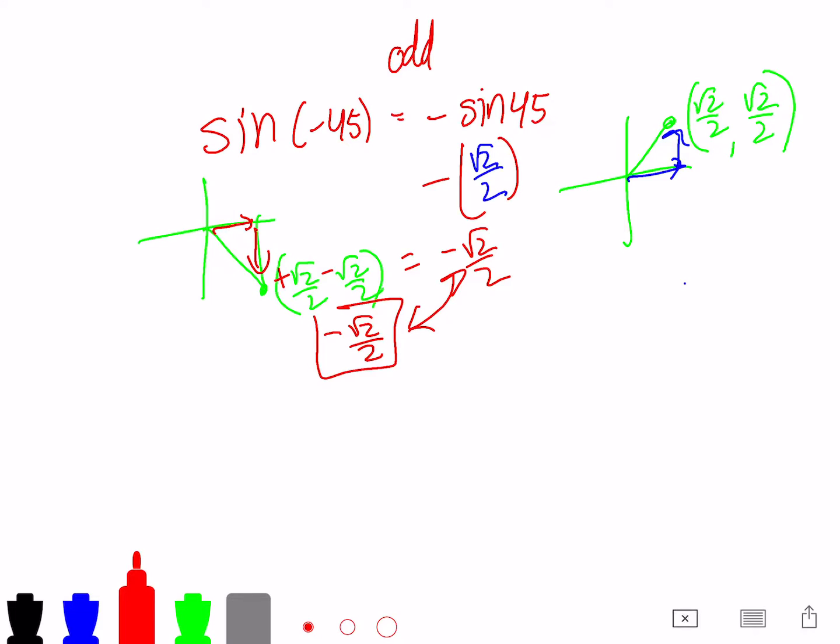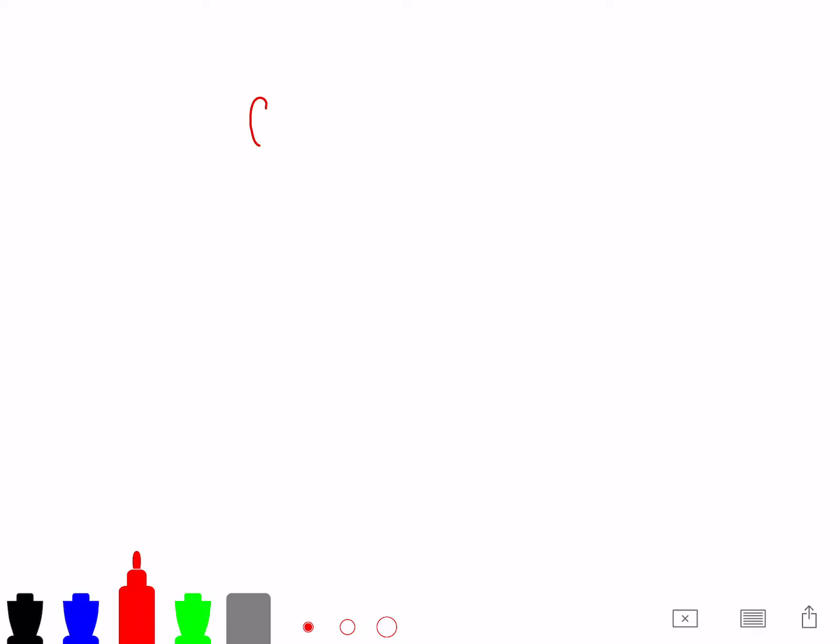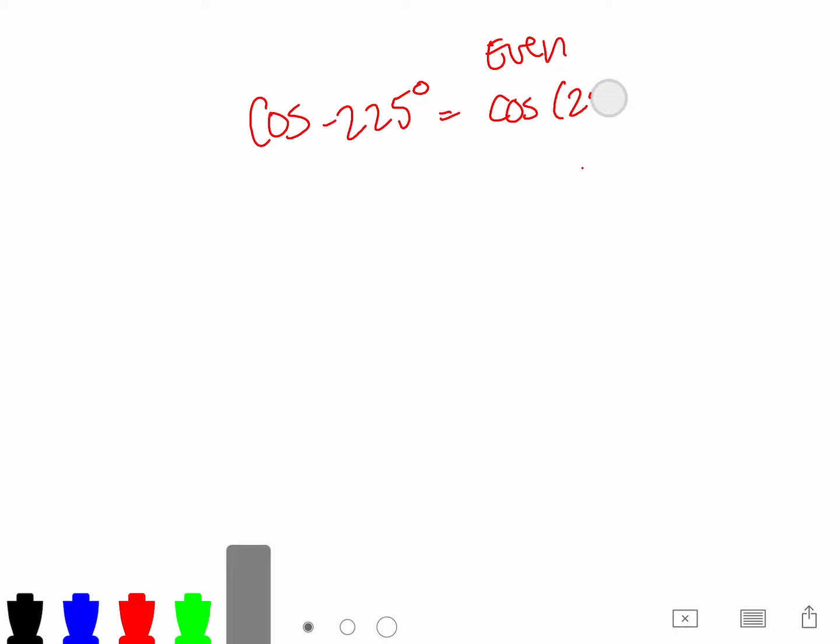So if I give you another example, if we have the cosine of negative 225 degrees, cosine is even, which means that it's the same as the cosine of positive 225.